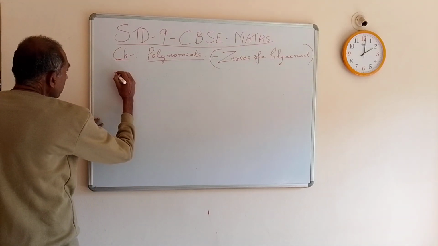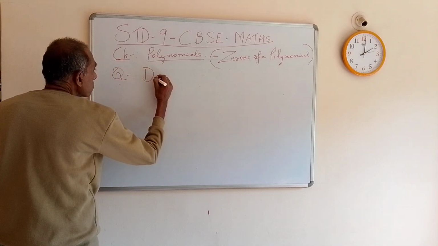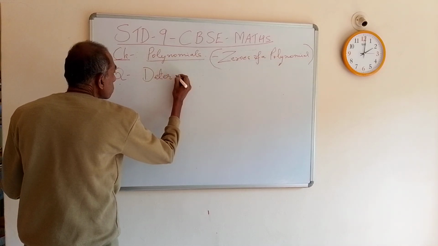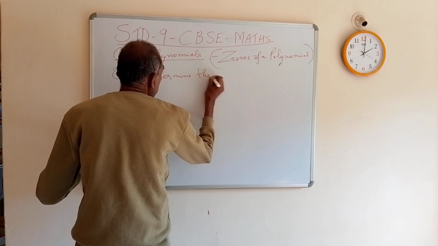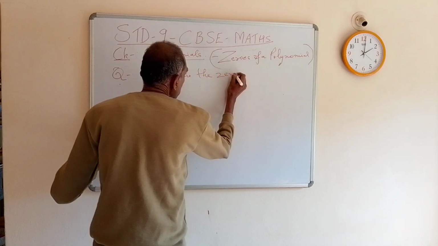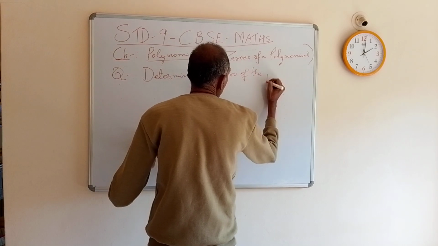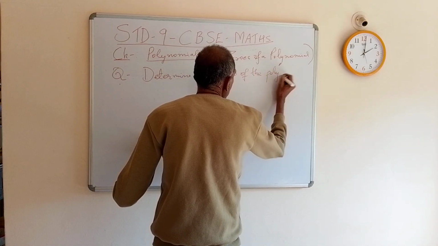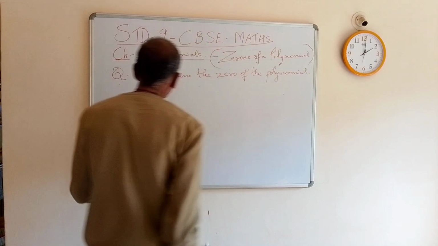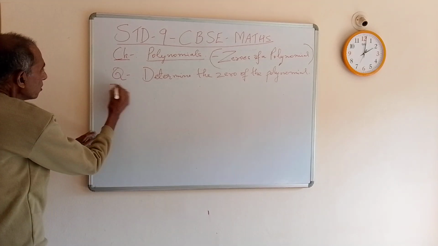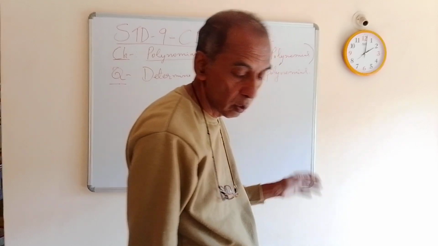So the question is: determine the zero of the polynomial. Determine the zero. So which polynomial?